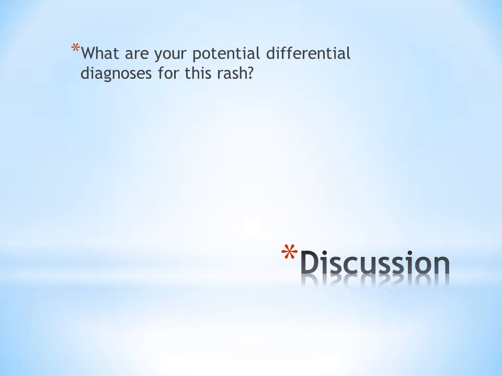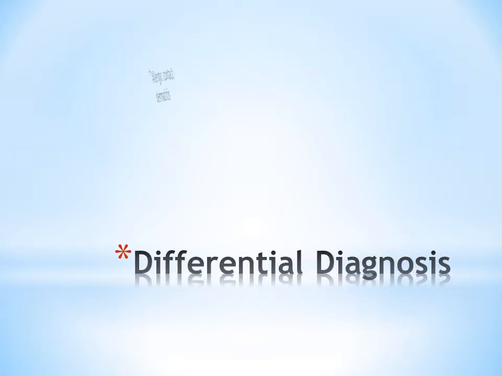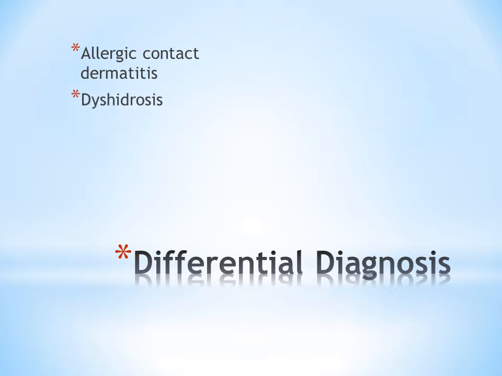And so now, based on this information, what are your potential differential diagnoses for this rash? And so there are a few. And so you have to consider allergic contact dermatitis. And so we've asked her questions that can be related to that, right?